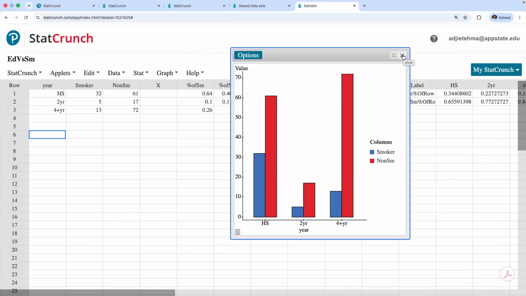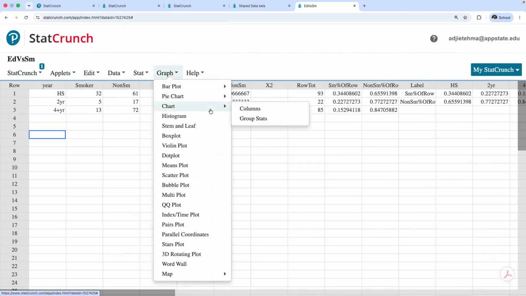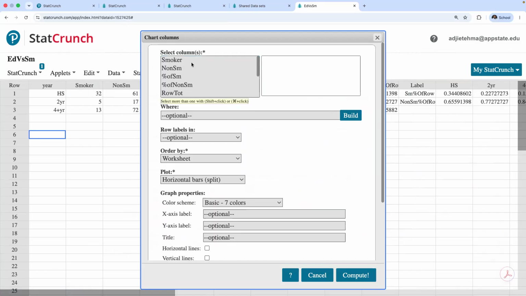If you want to use stacked vertical bars, you just have to go to graph, chart, columns, select the column correctly. If you don't select the right column, your graph would be incorrect or would not be able to give the meaning you are looking for. And then we click on this.